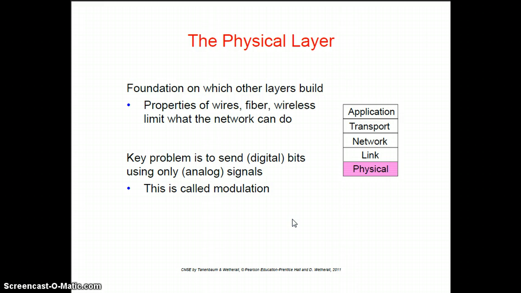The key problem is to send digital bits using only analog signals. This is called modulation. In this chapter we have a part on modulation techniques such as amplitude shift keying, frequency shift keying, phase shift keying, and different types of modulation.